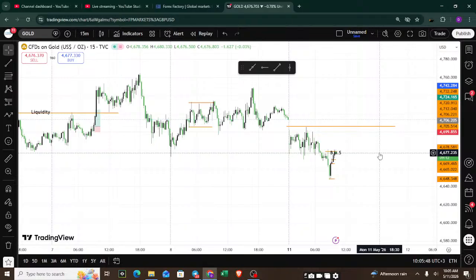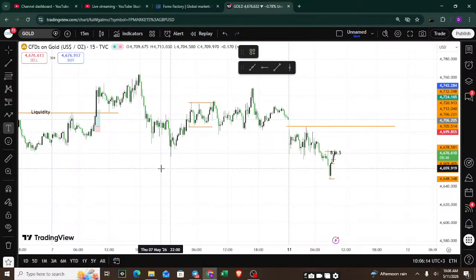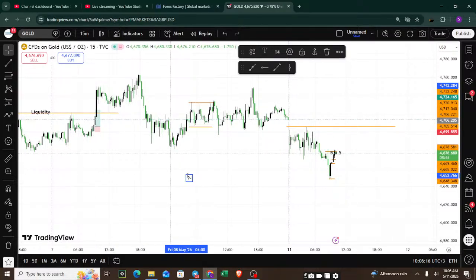For us, the only use of this gap is if it gives us a structure, and that structure gives us an entry. And by the way, I almost forgot, this entry has to be in the sessions. So for example, my session from 9 to 11 a.m. is the London session.